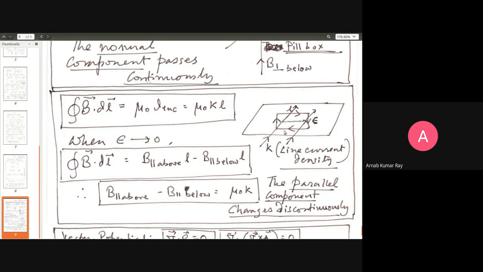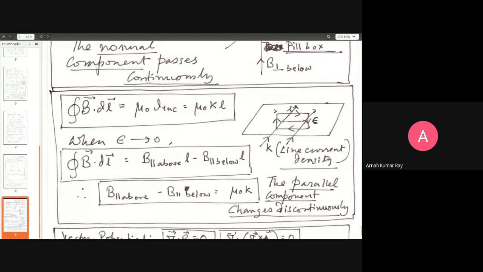Then below, B parallel below is going from left to right, but this path is going from right to left. Therefore, between the two of them, they are subtending an angle of 180 degrees. If that is so, the dot product will give you B parallel below dotted with L, L going from right to left, L cos of 180 degrees, that will contribute this minus sign. And then when you go from bottom to the top, the field lines are going from left to right, and this path is going from bottom to top.